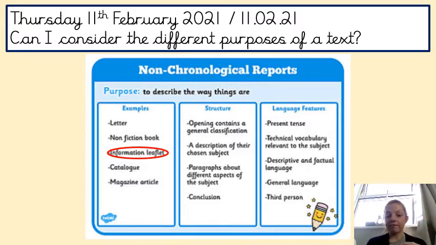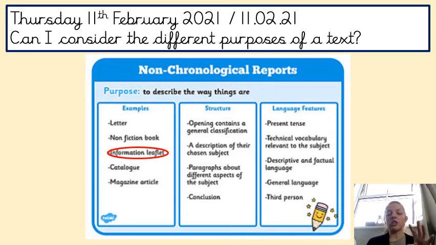Or mixing. Instead, you're going to have technical vocabulary that links to owning a pet. So that might be diet and exercise, love and attention, care, making sure that they've got the correct amount of food, things like going to the vets. Okay, so thinking about the vocab that you will see in that report.